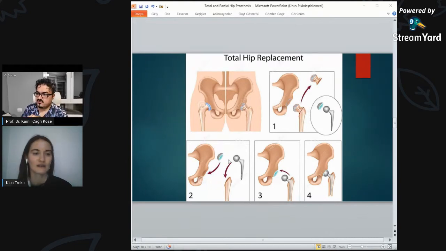And then we insert the acetabular shell inside. Following this, we prepare the femoral canal and then we insert the femoral stem inside, and then we put the joint back. And in the fourth picture, you can see this is the final picture. This is the final assembly of a total hip prosthesis.